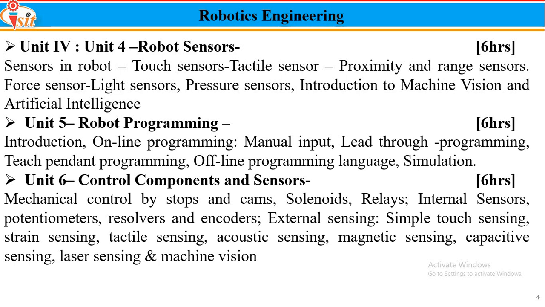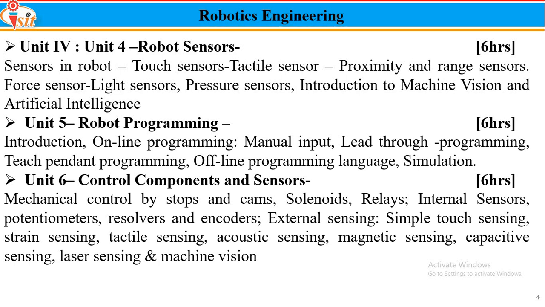Some force sensors are also used to sense the force. Next, light sensors, which will sense different wavelengths of light and act accordingly. Some pressure sensors are also used. The next important point in unit number 4 is introduction to machine vision and artificial intelligence. This part is particularly related with computer engineering.